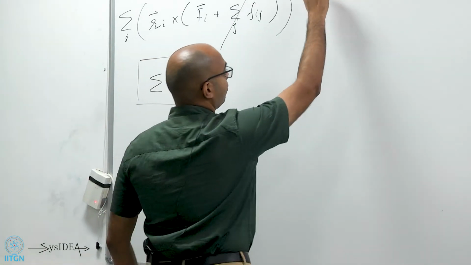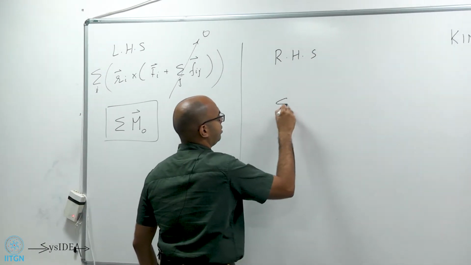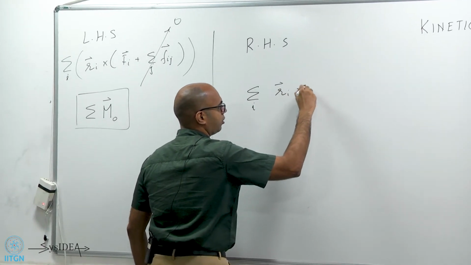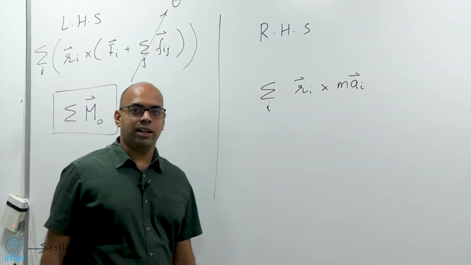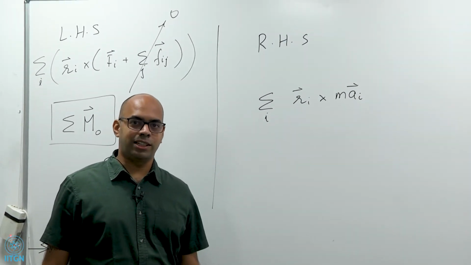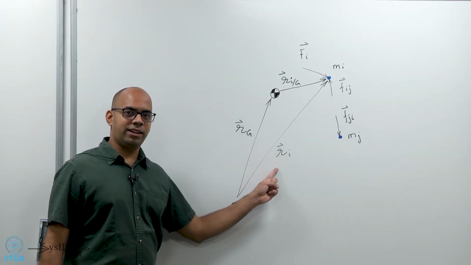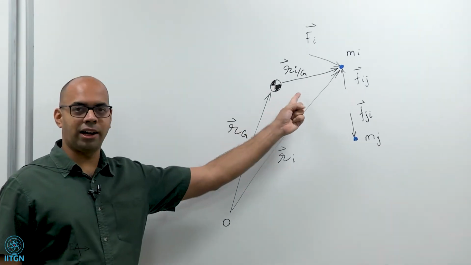The right hand side of that same equation ends up being sum over i particles ri cross with mi ai. And here again we will use the decomposition that we spoke about last time. So that is, ri we can write as a vector sum of rg and rij.